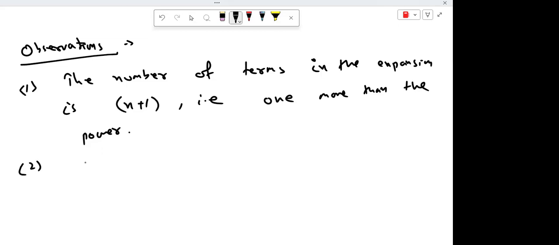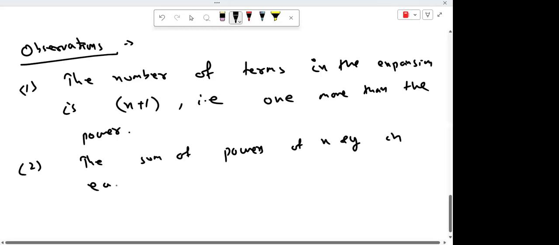Second thing that I already told you, the sum of powers of x and y in each term is n.